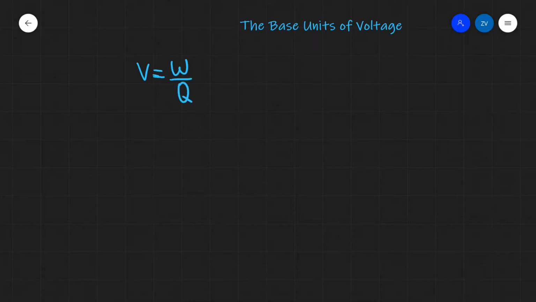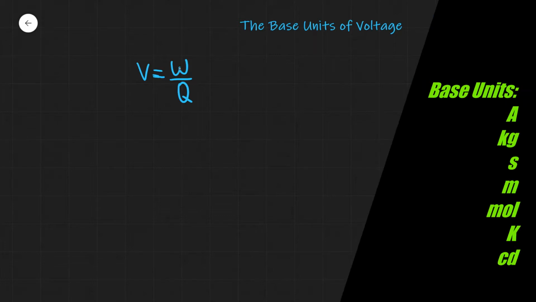Now, so far in this equation, our energy is measured in joules, which is not a base unit, and our charge Q is measured in coulombs, which is also not a base unit. Now, remember Q is equal to I times T, which I can substitute back into our original equation, and I can get that V is going to equal W divided by I times T. Now, in this equation, W is measured in joules, once again not a base unit.